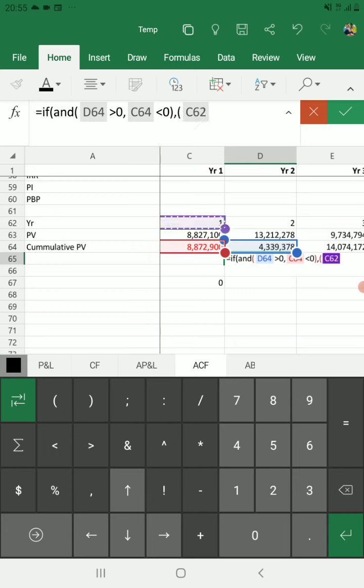So I take this 1 plus, I then use bracket again, and I interpolate now by starting with this negative cumulative figure, to change it to positive, divide by the PV here on top. Okay, so that is the interpolation now.